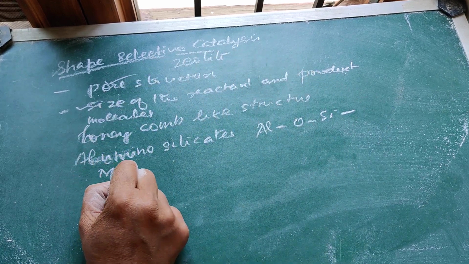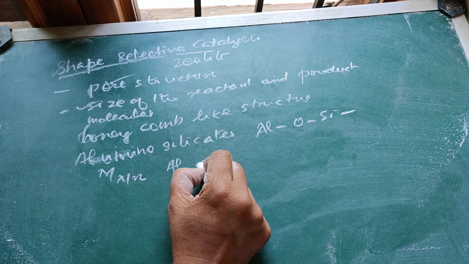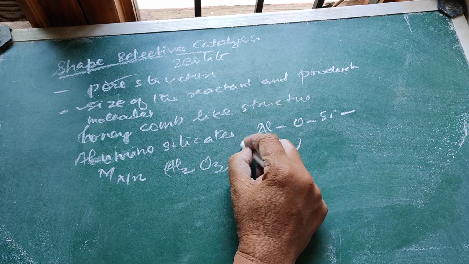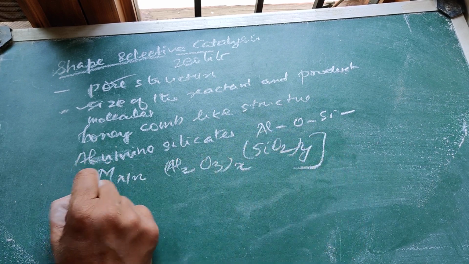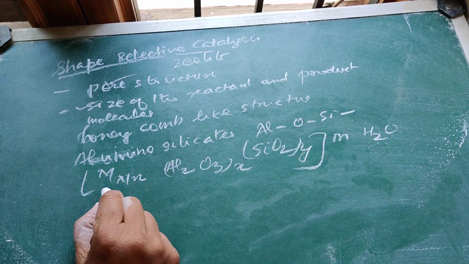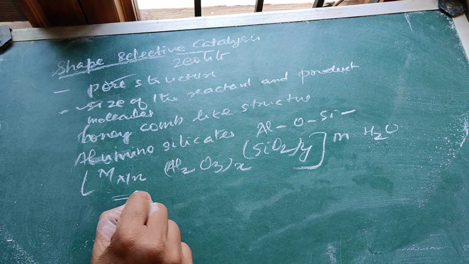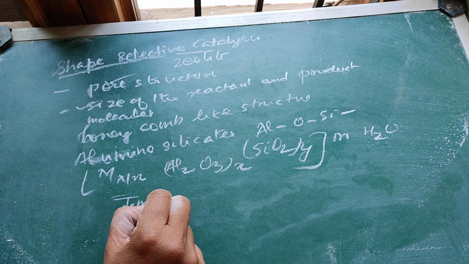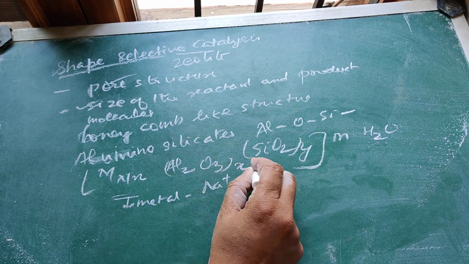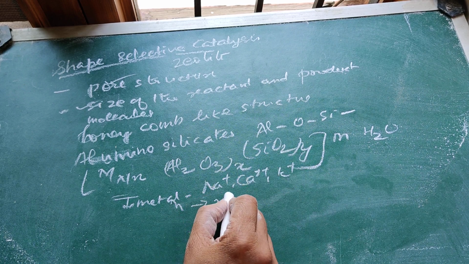The formula is M x/n Al2O3 x times, SiO2 y times, m H2O. Here Mn+ is a metal cation, and it can be Na+, Ca2+, K+, etc. And n is the number of molecules of H2O.